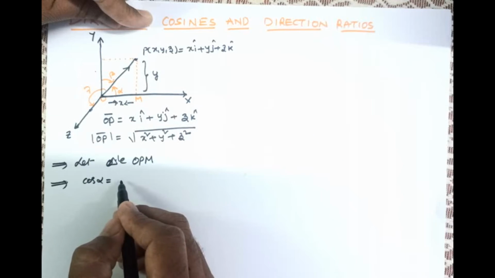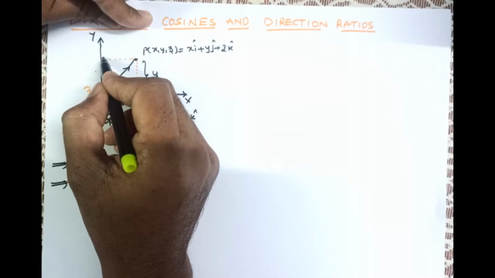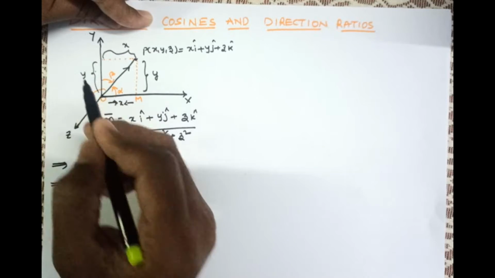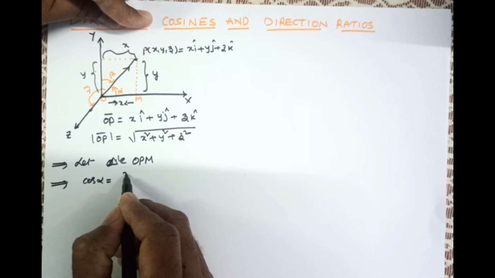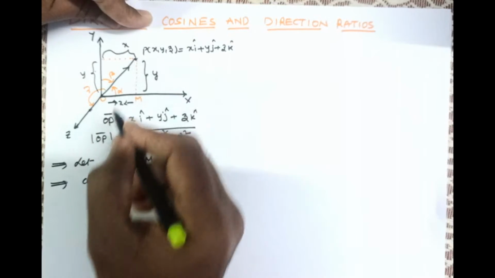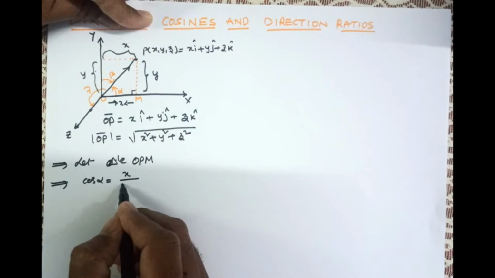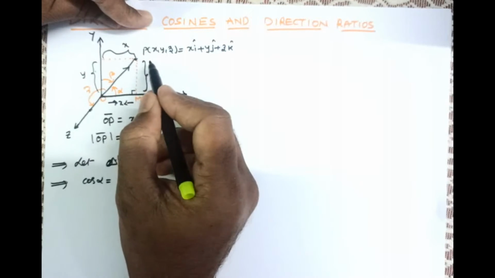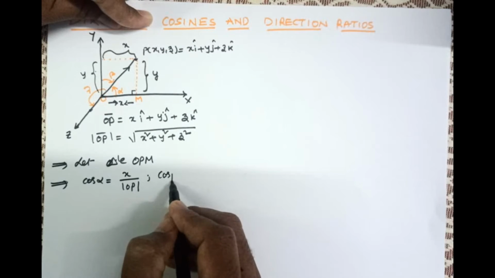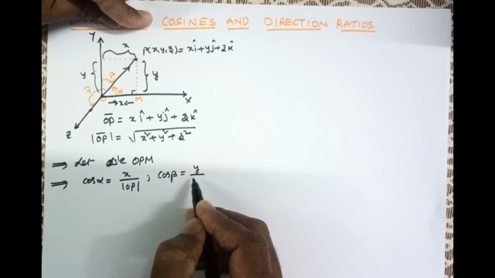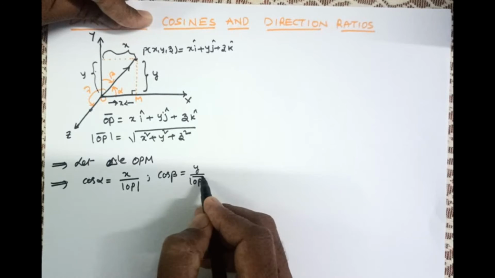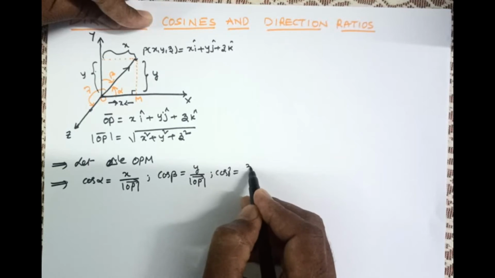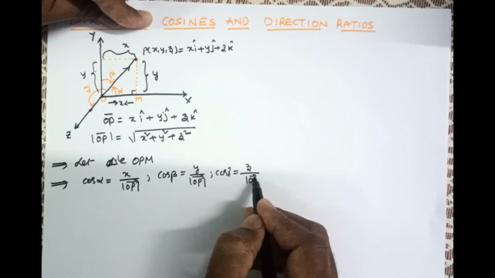This is a right angle triangle, so cos alpha is x by mod OP. Similarly, in this right angle triangle, cos beta is equal to y by mod OP bar, and cos gamma is equal to z by mod OP bar.